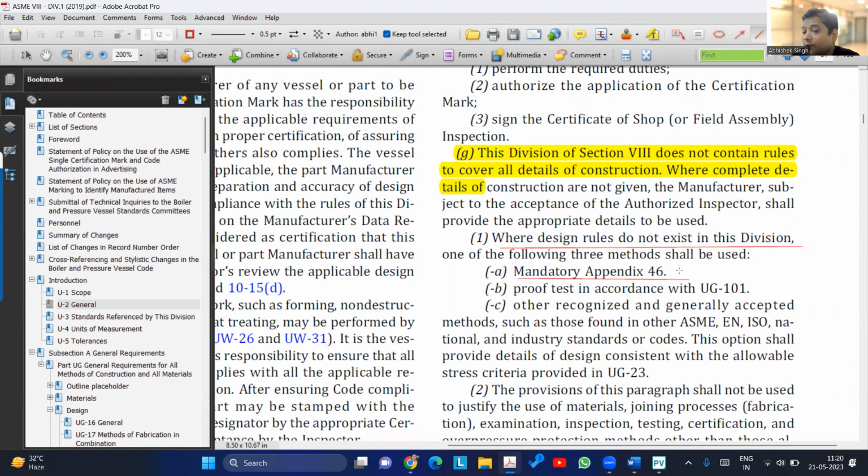The code does not talk about derating as a word. Even in 44B, there is no derating word. Basically, we are trying to check that flange for external load using Mandatory Appendix 2. If you're not able to do it with 44B, use Mandatory Appendix 2, make it a non-standard flange, apply those loads and check.